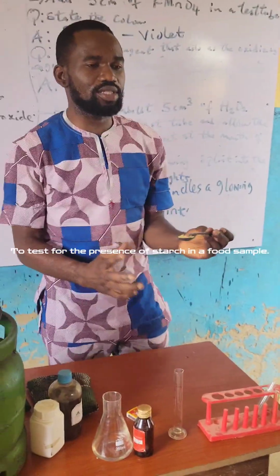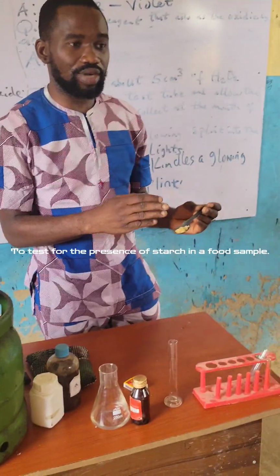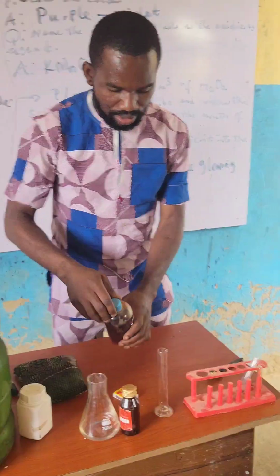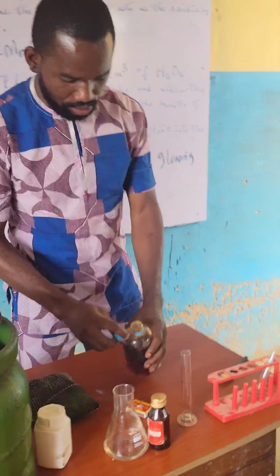Yes, they will give us the sample. You want to test if there's starch present in the food. And you know there's always starch in rice. So we want to test it. How do we test it? We're going to add the solution.